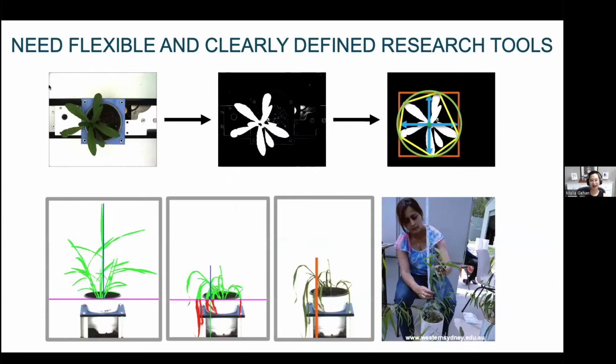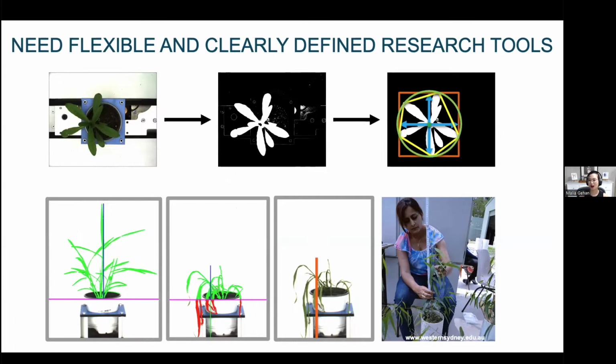And so with the variety of data that we're collecting on all these different species, we very quickly realized when we first started doing plant phenotyping that we needed the software that we use to analyze the images that we collect to be flexible and clearly defined so that we could easily publish them. Back in 2013, when we started, there were some open source plant phenotyping software tools available.